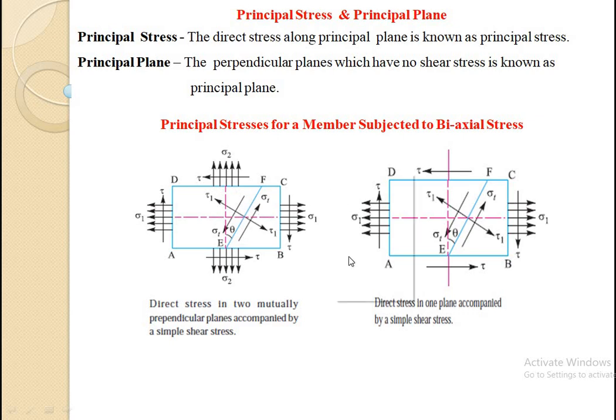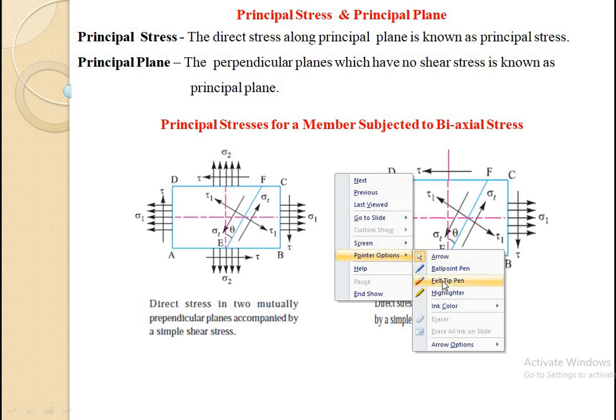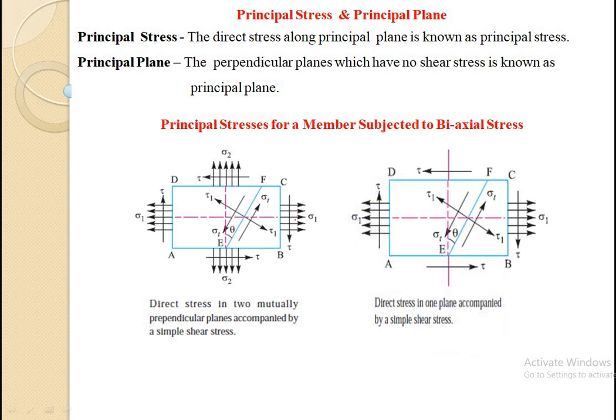This is the plane on which two direct stresses act. This is one direct stress, sigma 1. This is another direct stress, sigma 2, and tau is the shear stress which is acting on the element.